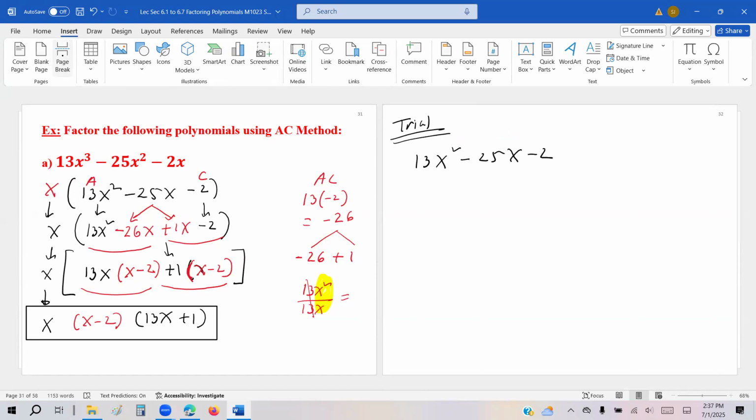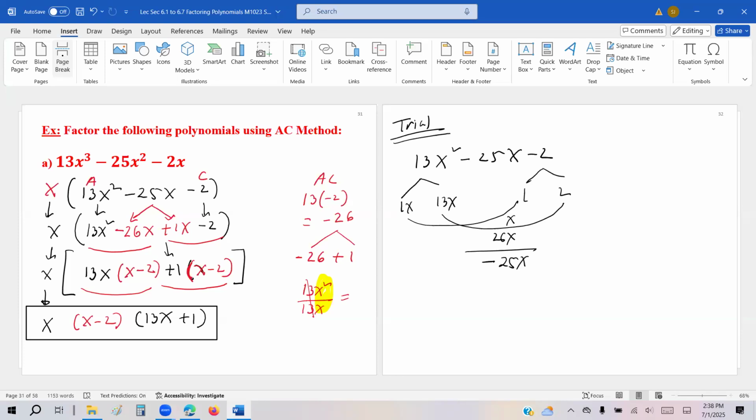The quadratic: 13 is a prime number. The only two factors 13 has are 1 and 13. So 1x and 13x. 2 is also a prime number. The only two factors 2 has are 1 and 2. We want 25, so 13 goes with 2, we get 26x. 1 goes with 1, we have 1x. The combination has to give us 25x.